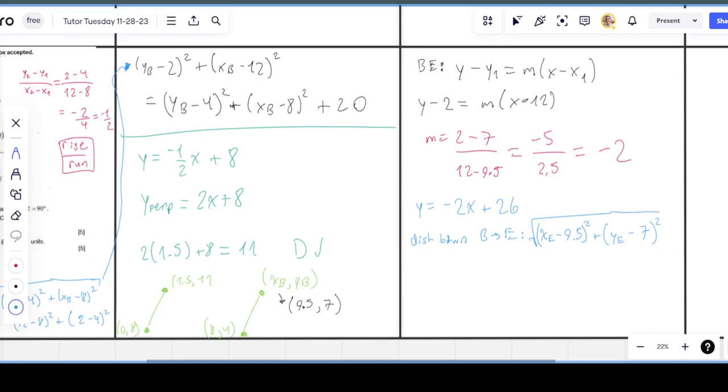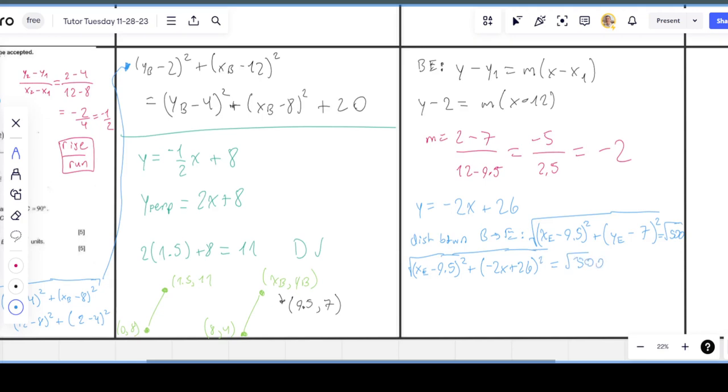We want this to be equal to the square root of 500. I know that the y coordinate of E can be represented in this fashion as well, because we have an equation for that line. So that's x sub E minus 9.5 squared plus, I'll just substitute -2x plus 26 directly here. We can check that to make sure it's truly correct. I think it is. Squared, that's equal to the square root of 500.